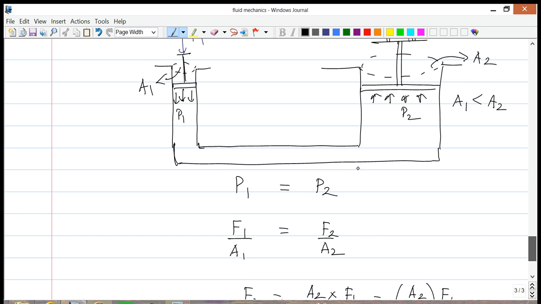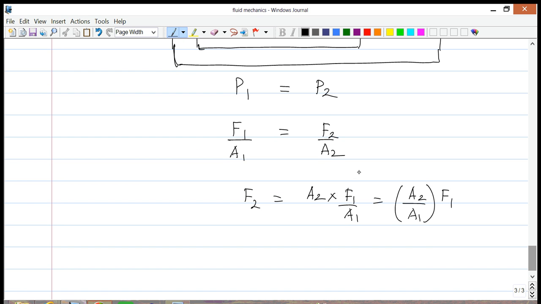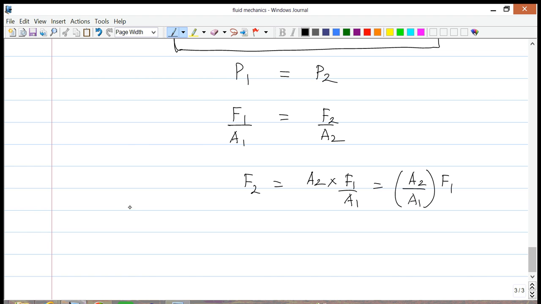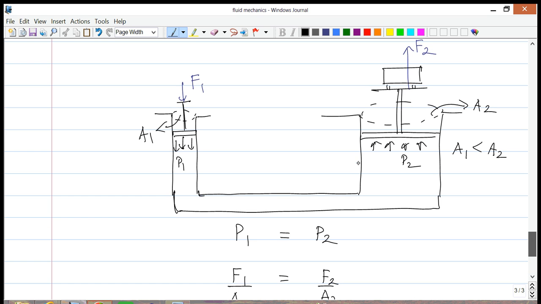Now clearly in this picture you see that A2 is larger than A1, and if that is the case, then F2 also has to be greater than F1. So we're able to lift something that is really heavy by applying a small amount of force on the left hand side.